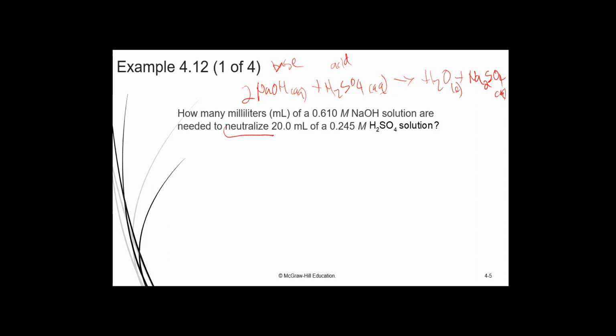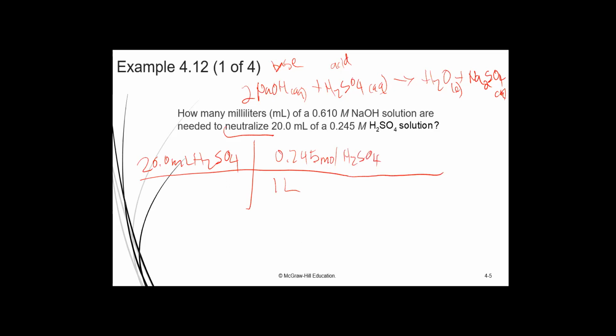And now from there, we can do our next step. We can say, we're going to start with what we know. We know our H2SO4. So we have 20.0 milliliters of H2SO4 solution. 1 liter of that is 0.245 moles of H2SO4.